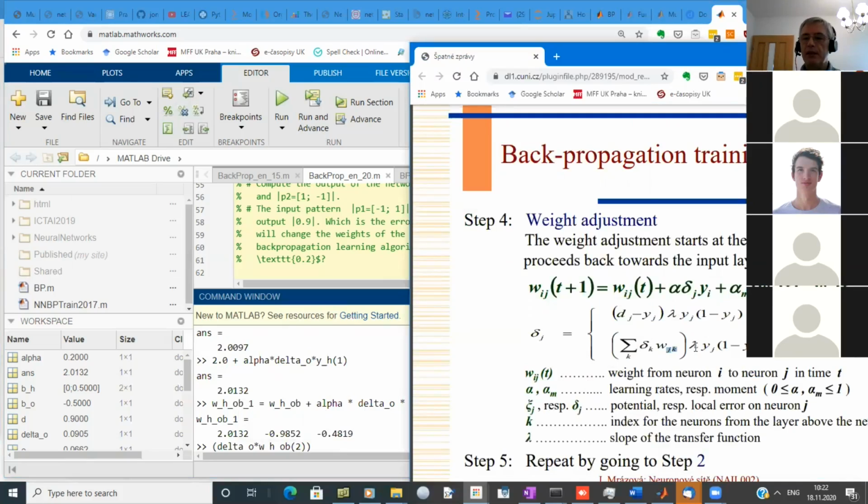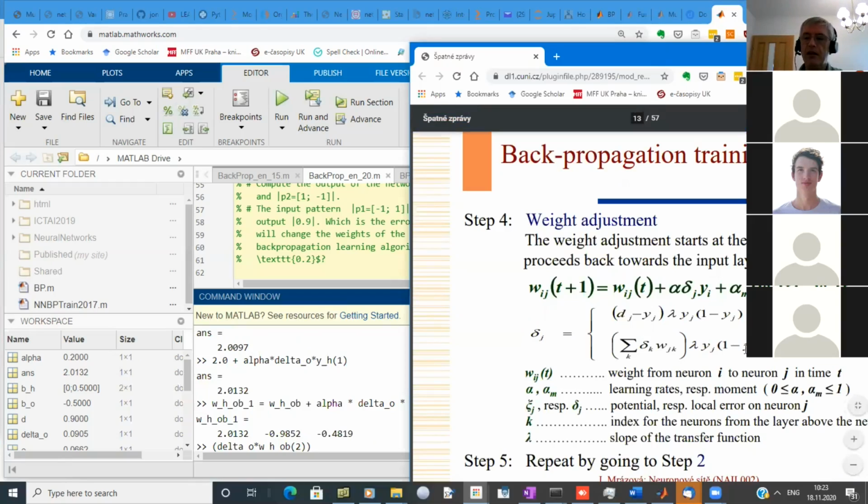We should multiply it by lambda. Lambda is 1 in our case. And then this term, y sub j times 1 minus y sub j. Actually, this part is the derivative of the output. Yes, it's a derivative of the error function with respect to... No, this is the derivative of the sigmoid function when the output is y sub j.